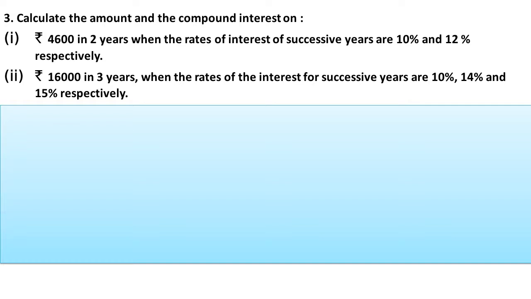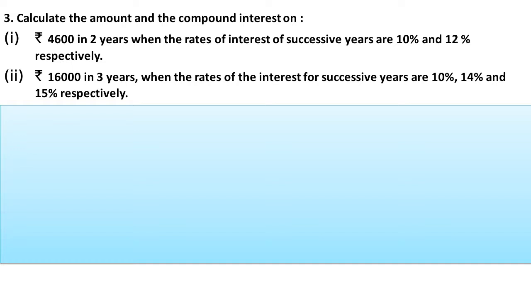Question number 3. Calculate the amount and the compound interest on rupees 4,600 in 2 years when the rates of interest of successive years are 10% and 12% respectively.